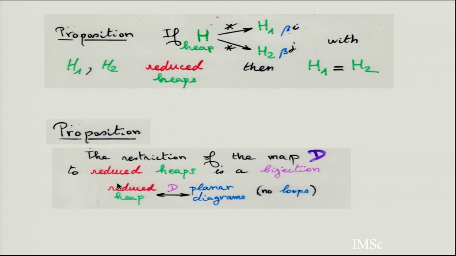See, if you go back to this proposition, if you take two different rewritings, you get some reduced heaps. Why are they equal? Because in the rewriting, the planar diagram is invariant. So they have the same reduced planar diagram, so they are the same heaps because it's a bijection.